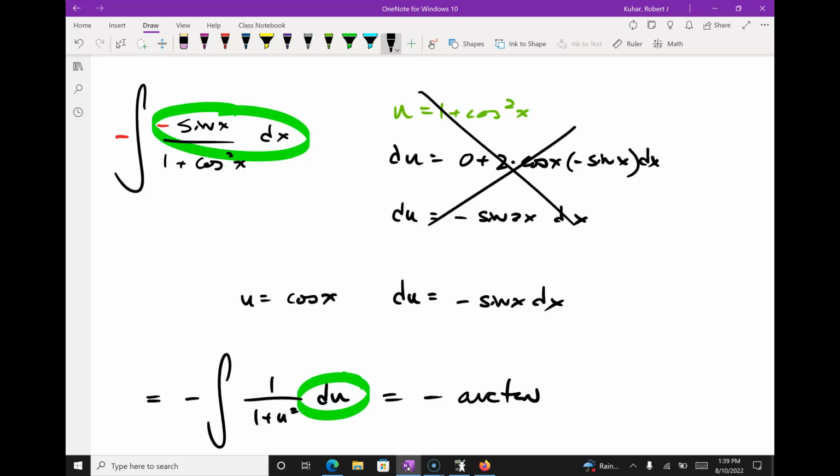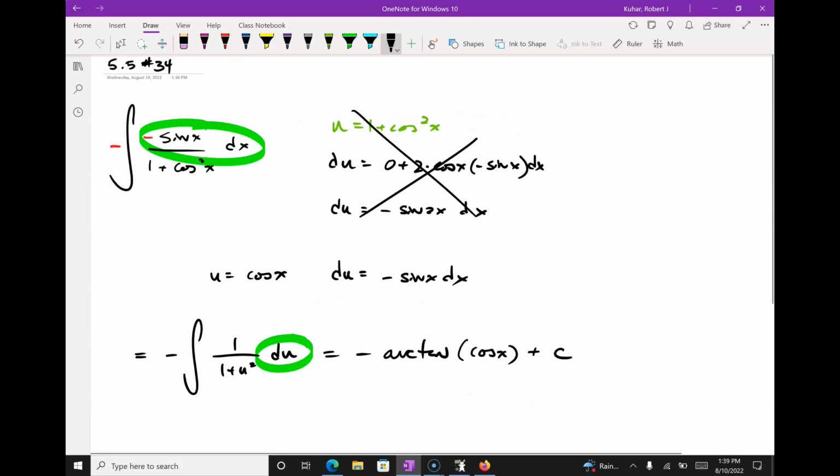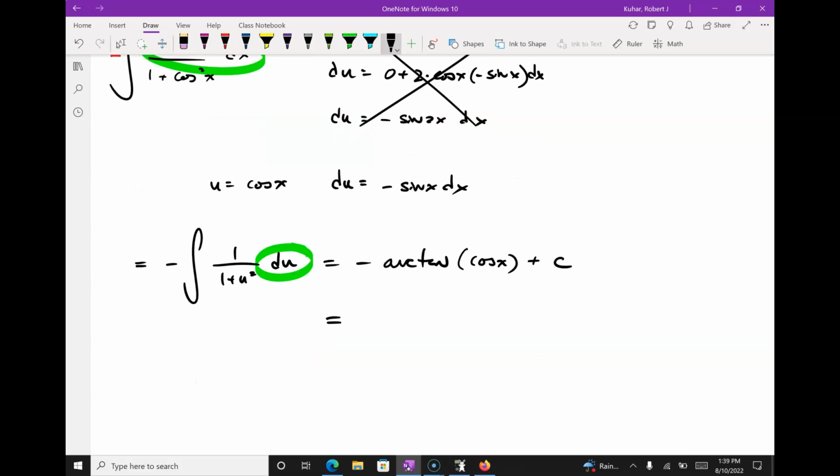Arctan of u, which is cos of x. Our last 3 levels, level 10, 11, and 12, are inverse trig tricks, inverse trig methods. And the book likes to write c minus the arctan of cos of x.